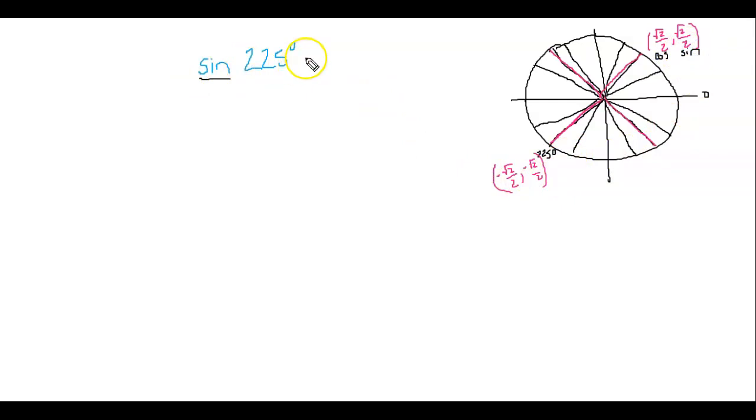So that means that the sine of 225 degrees is negative square root of 2 over 2. This is our calculator. It's doing the calculations for us. So if we can find the point on the unit circle, then we know its sine or its cosine. So the sine of 225 degrees is the negative square root of 2 over 2.